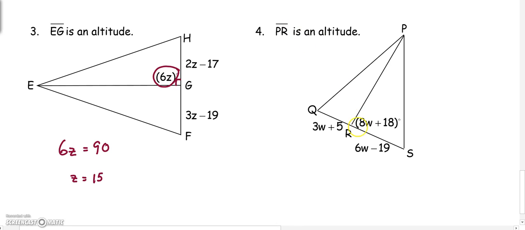In number 4, PR is an altitude. So at R, we have right angles formed. So 8w plus 18 is equal to 90. So we have 8w then is equal to 72. When I divide, w is equal to 9. In both of these problems, I don't know anything about my side length, so I'm just going to leave them alone.